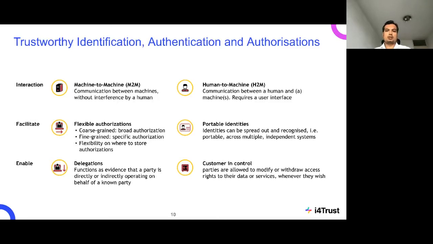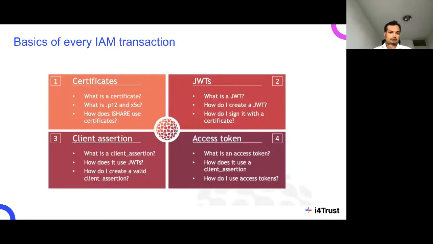Whereas in human interaction, the human interacts using a portal or a mobile app, for example, and based on the identity of that user, the authorizations could be determined as to whether that user is allowed to have access or not. Right. Now we will look at, in either case, human to machine or machine to machine.